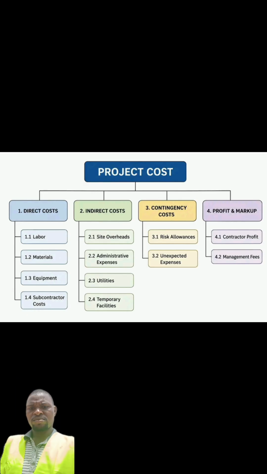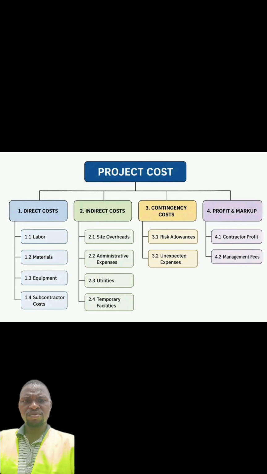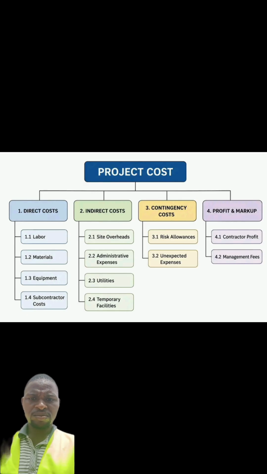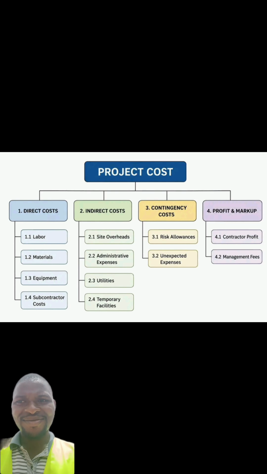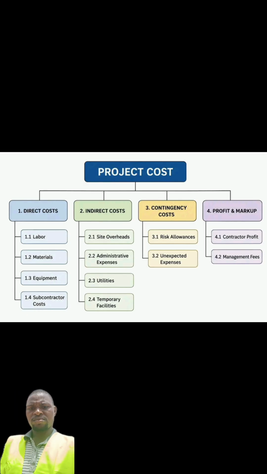Contingency, as we know, is money you set aside for unexpected eventualities. You are not expecting incidents on site, but they may occur. You are not expecting a collapse on site, but it may occur.